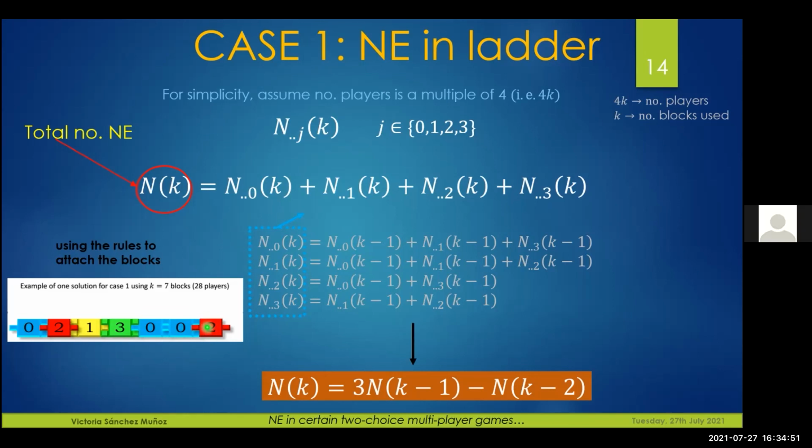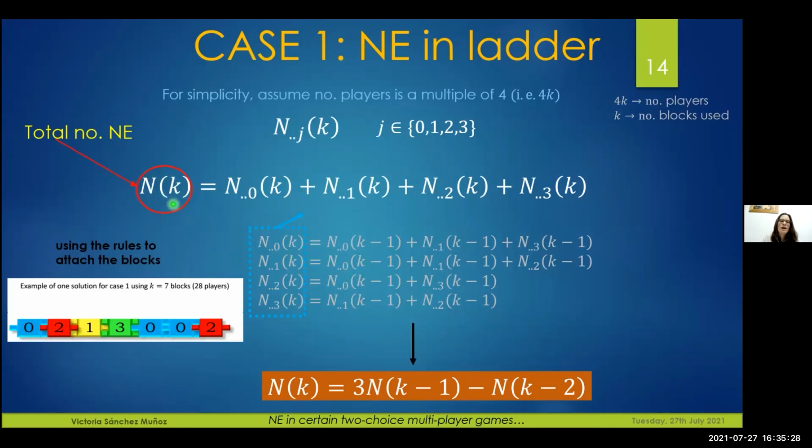For example, the total number of Nash equilibria, n_k, equals n sub, for instance, 2, 1, 3, 0, k. The first term on the right-hand side, where there is n sub double dot 0, k.